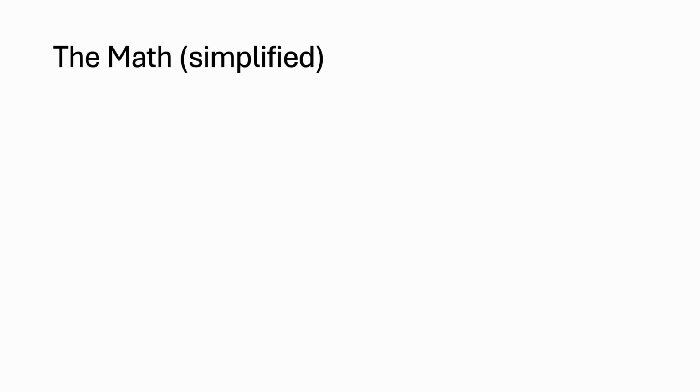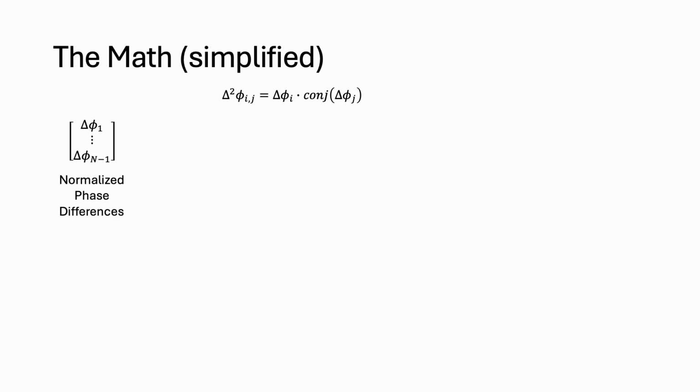So the math simplified can be seen as, well, we have a list of normalized phase differences. If we take their pairwise differential, we end up with another list of numbers. So this second order differential is directly from the phase differences.